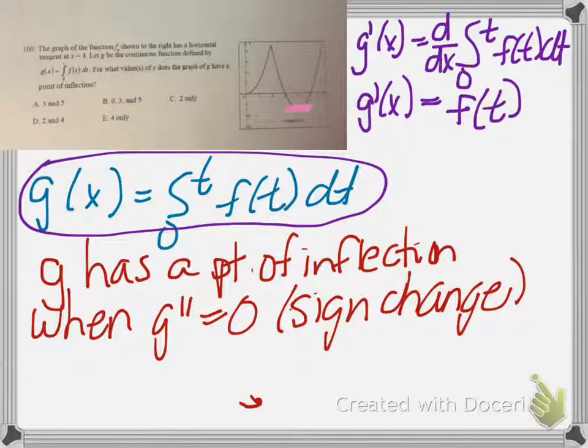There should really be a dt in there. Okay. So, but we need G double prime. So G double prime of x would equal f prime of t.